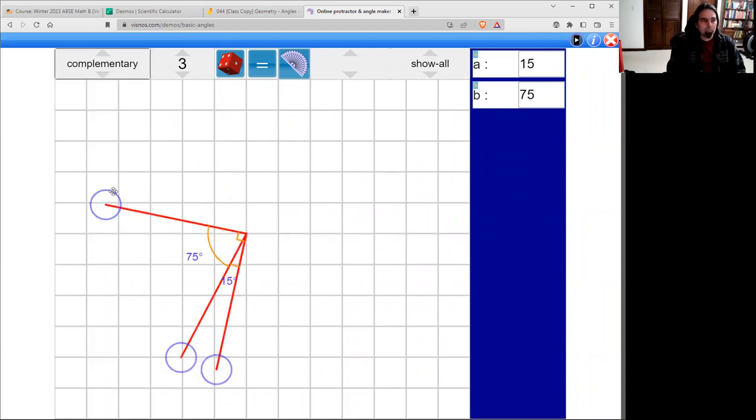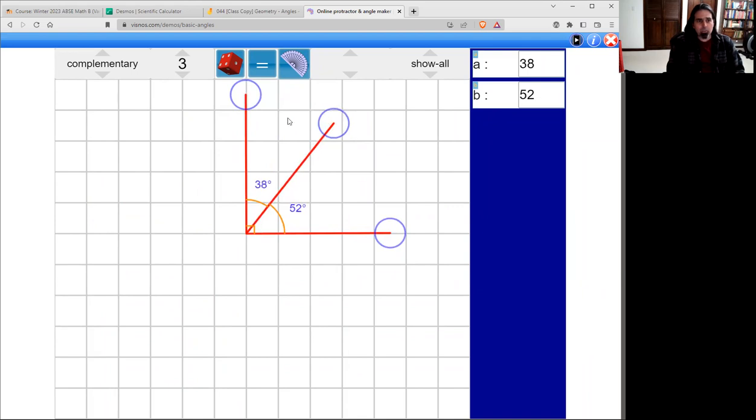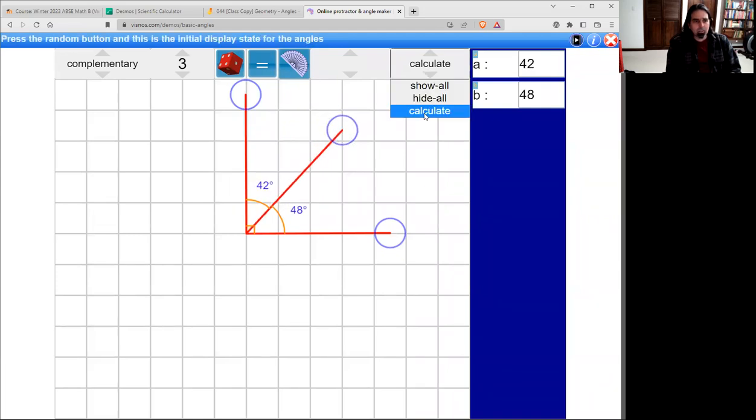Let's go back to complementary. It will say you have two angles and they're complementary, but now I'm going to use this one and say calculate and then pick a random one. Why doesn't it hide it?